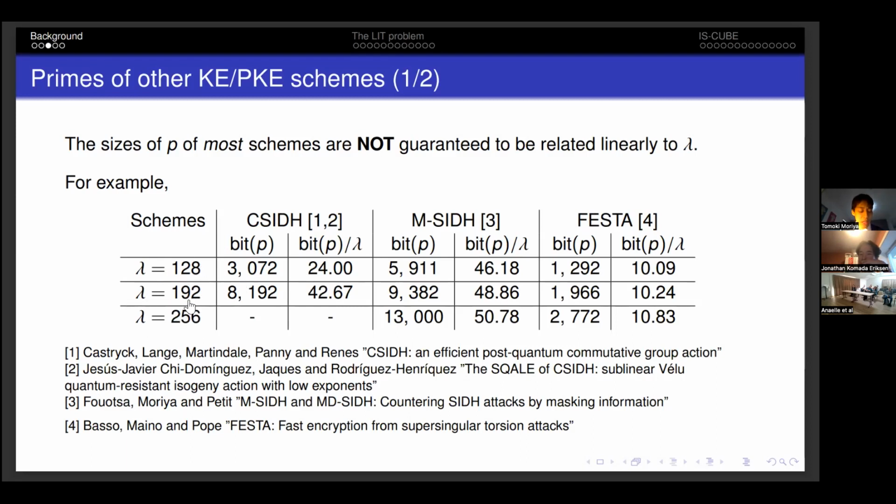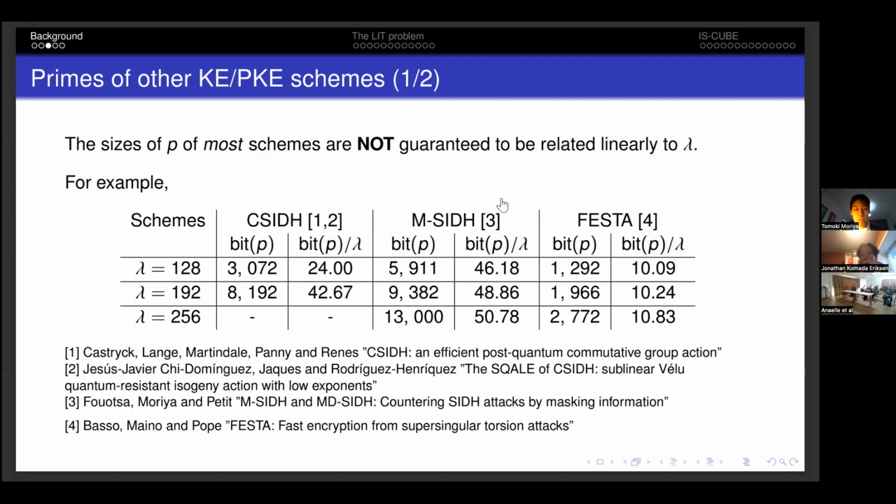And when the security parameter is 192, the size of prime p is about 8192. So the ratio of the bit length of p and lambda is 24 when the security parameter is 128, and it becomes 42.69. So it is not linearly related to the bit length of the prime.